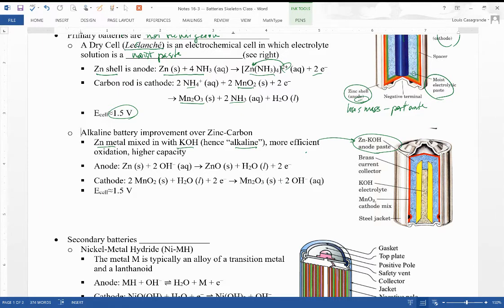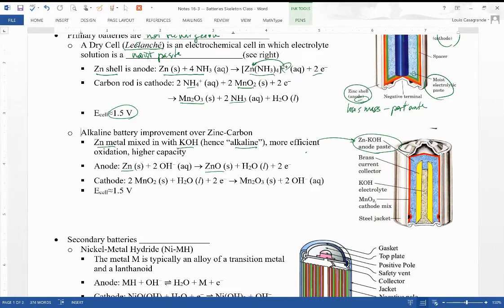Kinetically, there's smaller particles, more surface area, and so this was a more efficient oxidation and a higher capacity as well. So the anode is very similar, except instead of being involved with the ammonia like above, the zinc metal is being oxidized to zinc oxide, and that is again a 2-electron process.